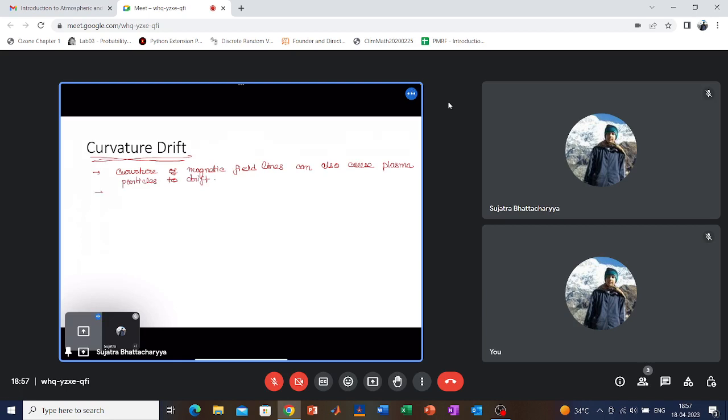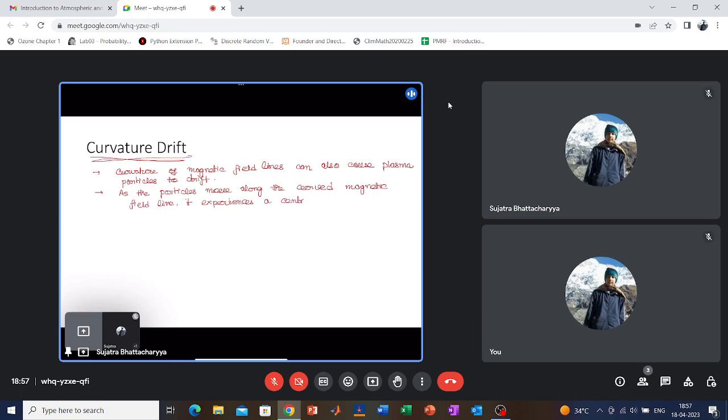Now as the particles move along the curved magnetic field, which I will show how it will move, it experiences a centrifugal force.